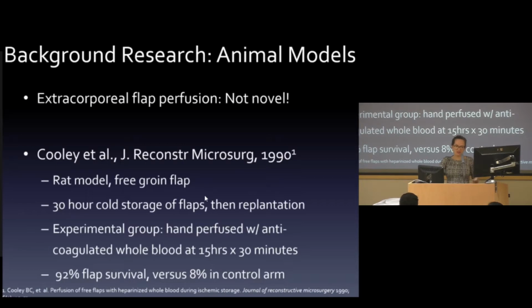Their control group was just static cold storage versus the experimental group, which was hand perfused halfway through their ischemia time with anticoagulated whole blood. And they found pretty impressive results. A 92% flap survival in the perfused group versus 8% in the control group. So they concluded that anticoagulation with whole blood improves chances for viable reperfusion after an ischemia time.